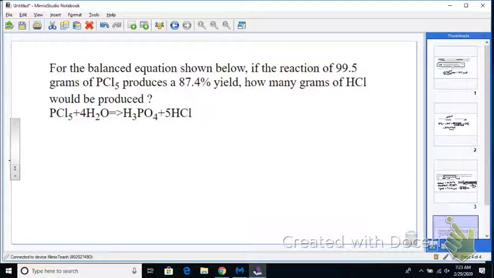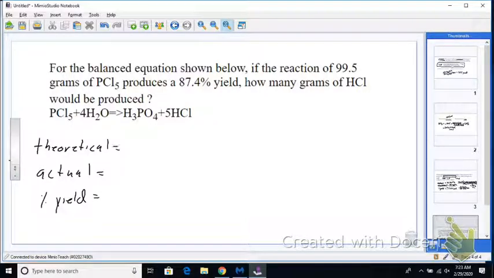And the last one that we're going to do is we'll put down everything we should have: theoretical, actual, and percent yield. So let's see what they give us here. They give us the percent yield, and we're looking at HCl because it's saying how many grams of HCl can be produced.